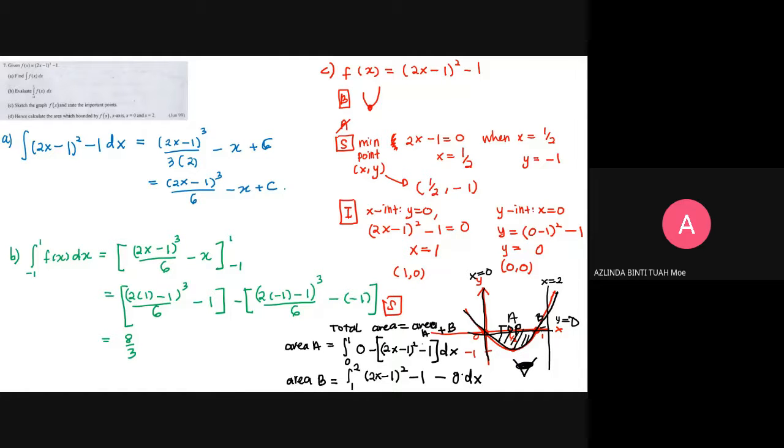What is the total area from area A? Nur Muzira.